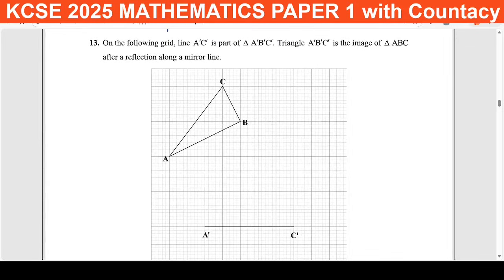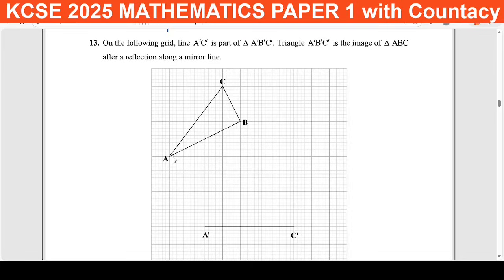Let's get into it. So we are supposed to complete this triangle A prime, B prime, and C prime. But unfortunately, we don't know where B is. But there's something that we know: this mirror is somewhere in between these shapes over here. So normally, what you're supposed to do, I wish I could really illustrate this on a whiteboard, but I'll be able to guide you step by step until you are really able to understand how you should go about it.